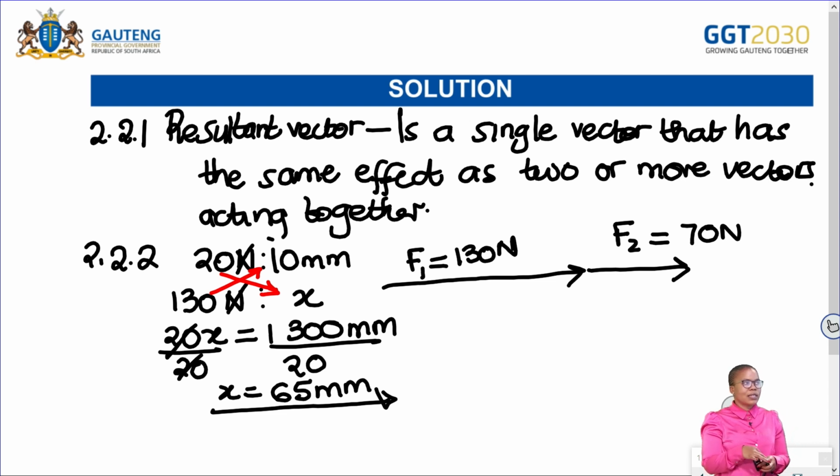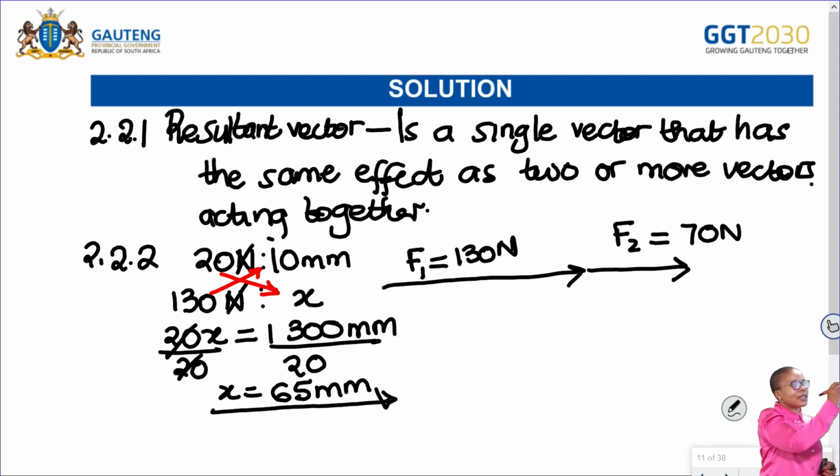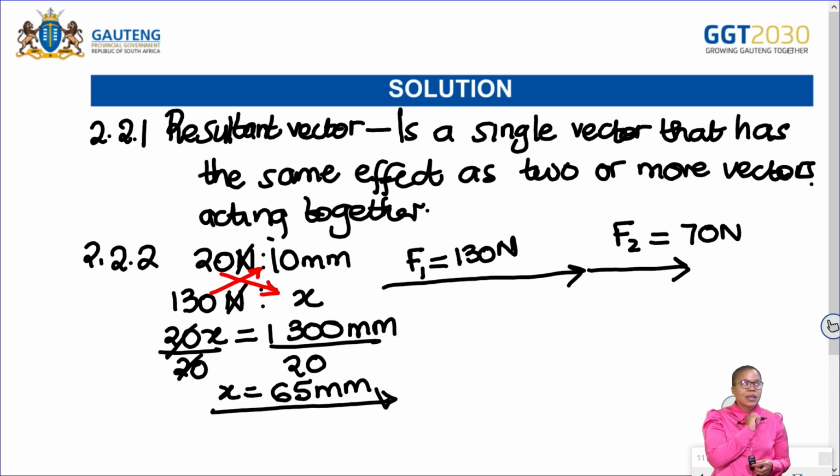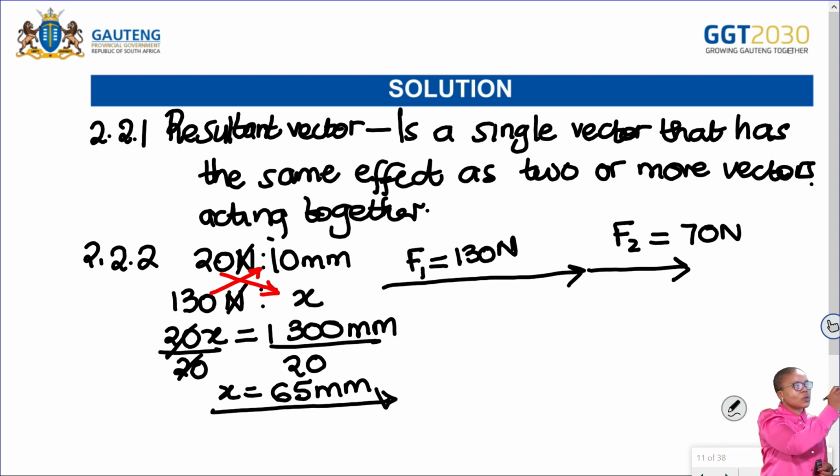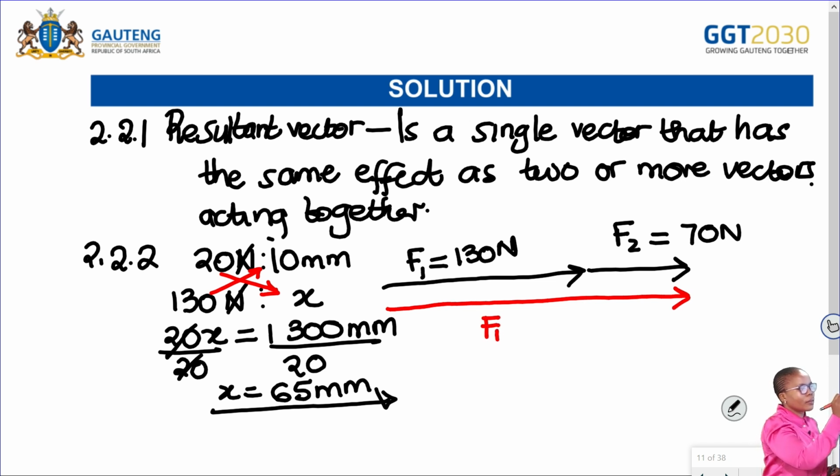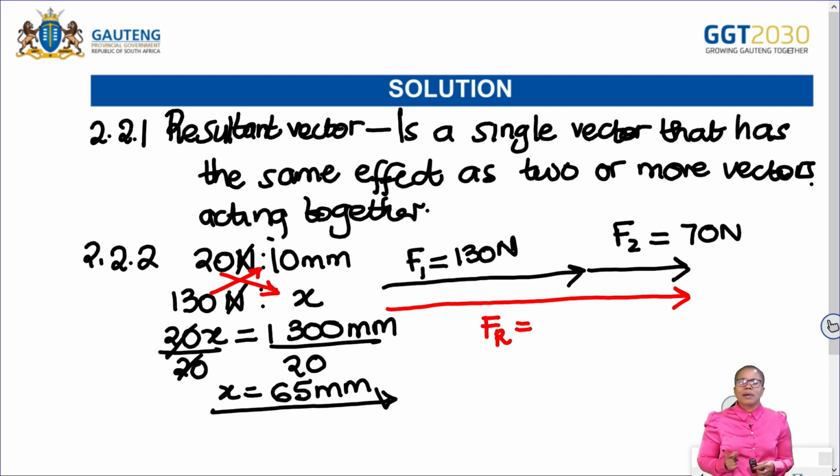Now we need to draw the resultant force. Your resultant force is going to be going like this. I'm going to use a red line so that you are able to distinguish it. So here is your FR. Now, what is the magnitude of my FR, you may ask yourself.